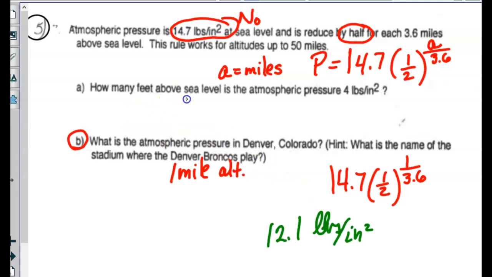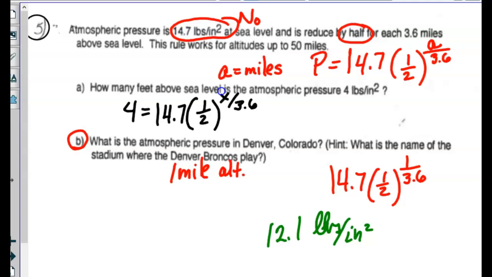Now it says how many feet above sea level is the atmospheric pressure 4 pounds. I think we have to get our answer in miles and then convert. We don't need that conversion yet. We want the final P to be 4. So 4 equals 14.7 times 1/2 to the x over 3.6.